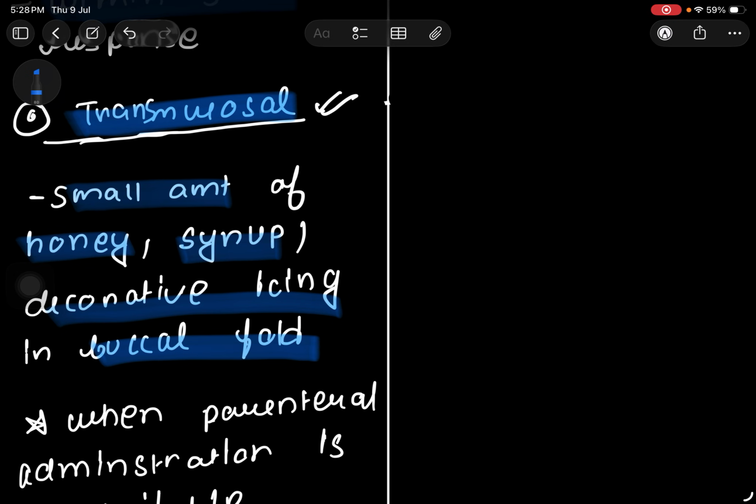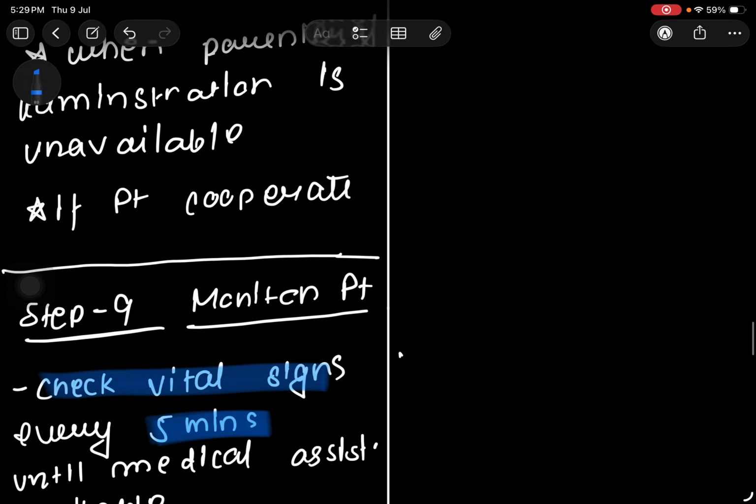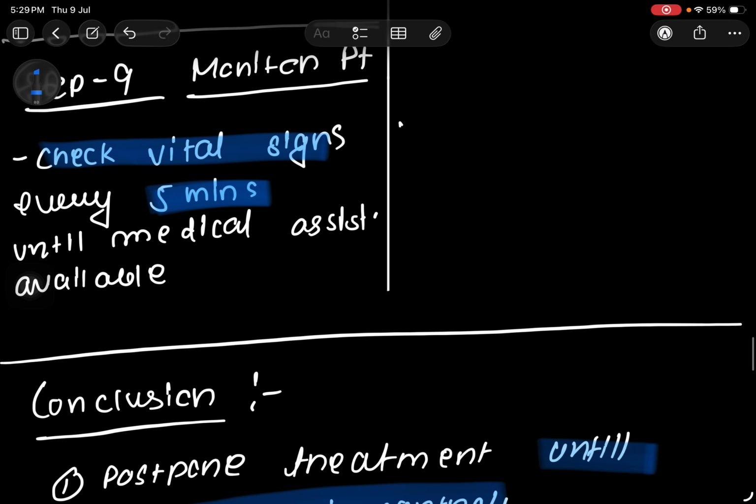One thing we have to keep in mind while giving transmucosal is that the patient should not aspirate it, because it has high chances of aspiration, especially in an unconscious patient. As it is a conscious patient, the chances are less, but still we have to keep it in mind. Okay, then we have to monitor the patient and check vital signs every 5 minutes until medical assistance is available.